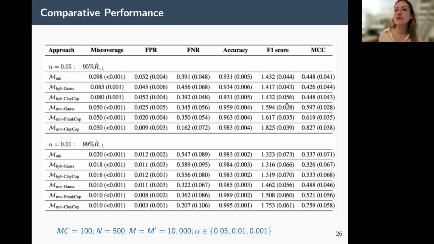And the other thing I wanted to show is that in terms of all the performance measures, false positive rate, false negative rate, and other measures combining the two, the multivariate approach always outperforms the univariate one. And in particular, Copula-based approaches, even when these are misspecified, as in the case of Frank Copula rather than the Clayton Copula, result in better results.